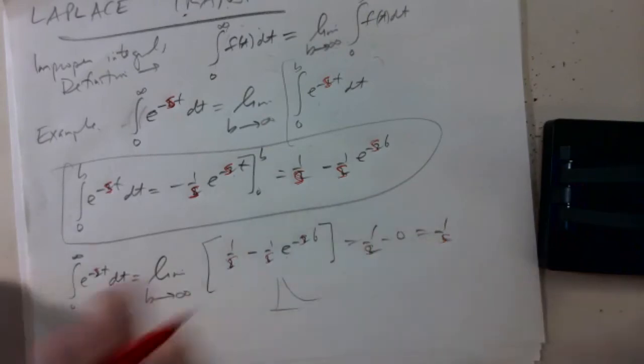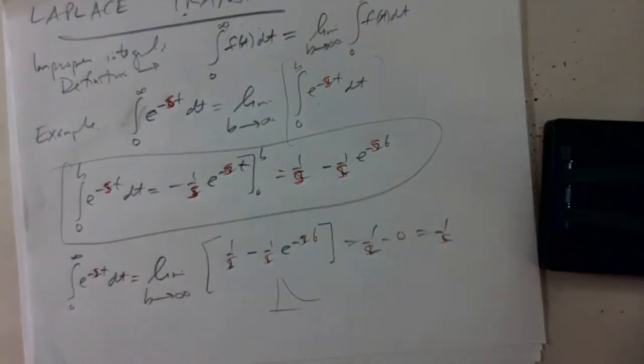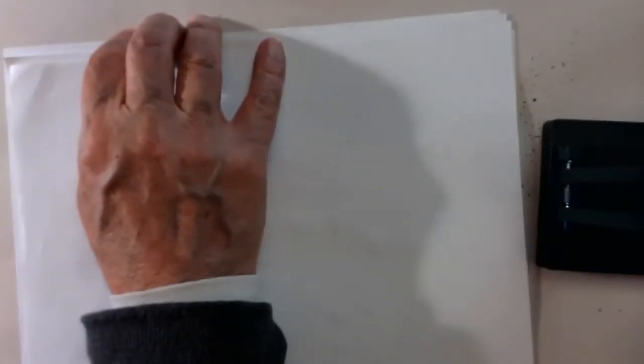That's just a slightly more general result, but within first year calculus, the integral from 0 to infinity of e to the minus st dt is 1 over s for s greater than 0. If s weren't greater than 0, the integral wouldn't converge.